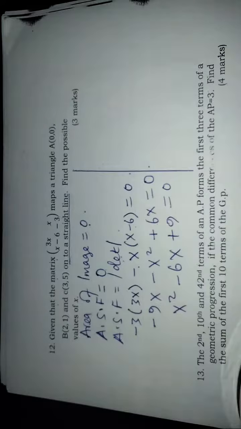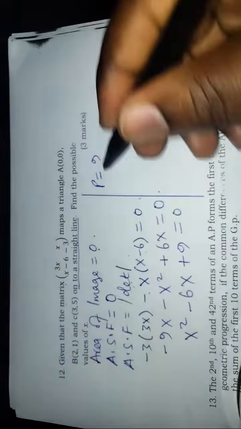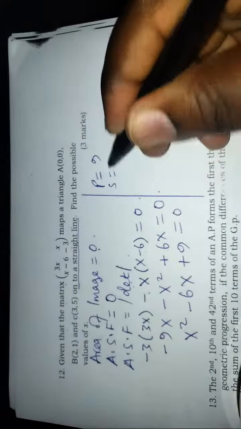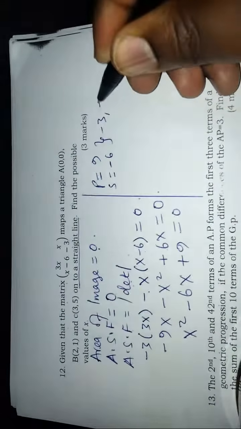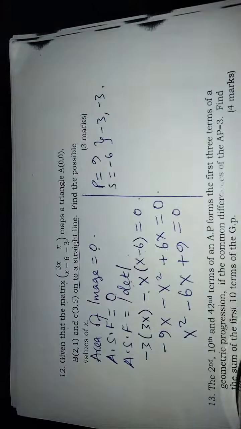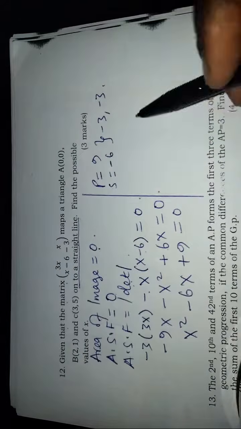We can also use the quadratic formula. Let me use the factorization. We need a product of a times c, 1 times 9, and a summation of the value at b, negative 6. This means this is a negative 3 and a negative 3. Because when multiplied, they give a positive 9 added negative 6.